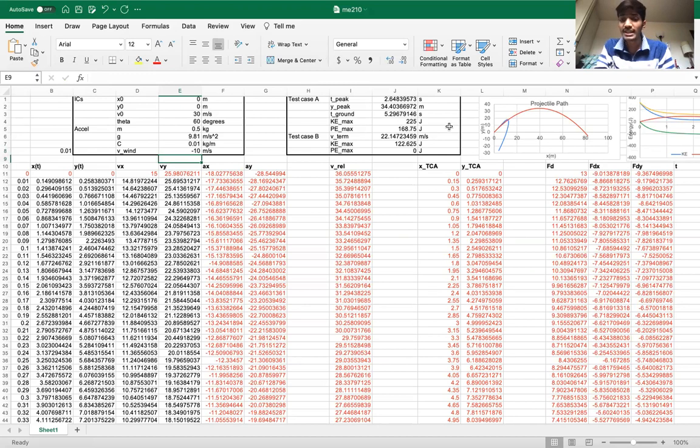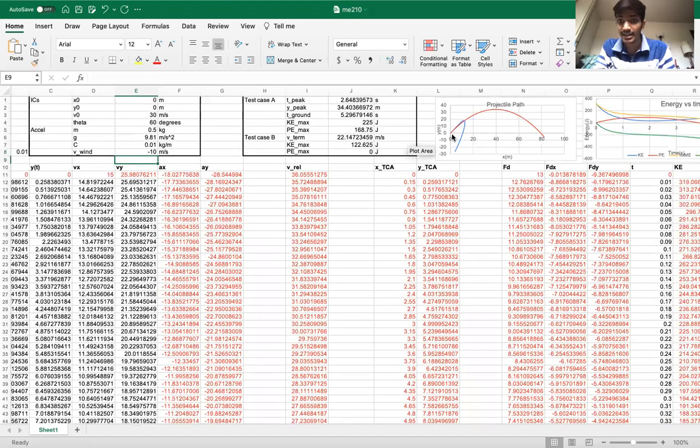So basically, as we can clearly see, it is moving backward like this because, in the first place, air drag is acting on it, and once the ball takes flight, air drag is stopping it, and over here the wind is in the opposite direction of the flight. So wind and air drag both oppose in the same direction.